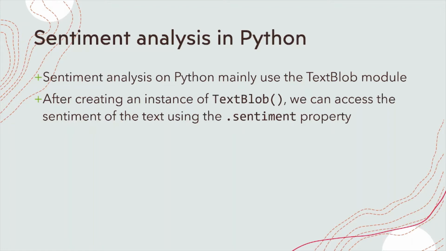We will see later on that the output of the sentiment property is a tuple containing two values, which are polarity and subjectivity. I will explain everything later while we're doing the hands-on exercise.